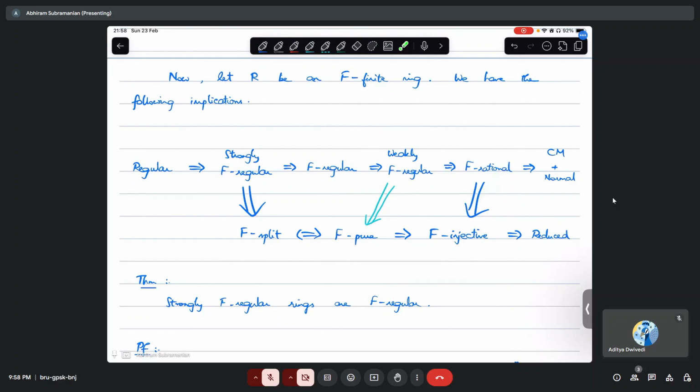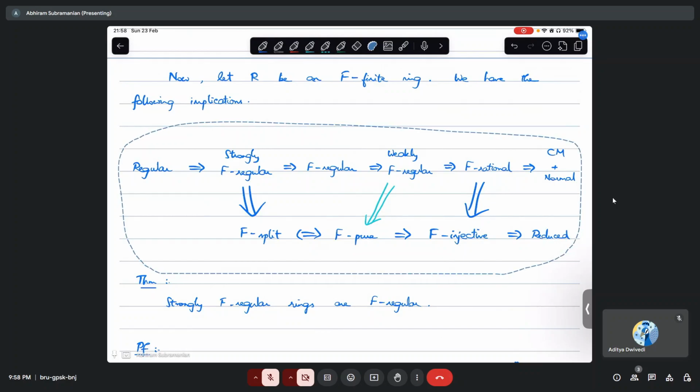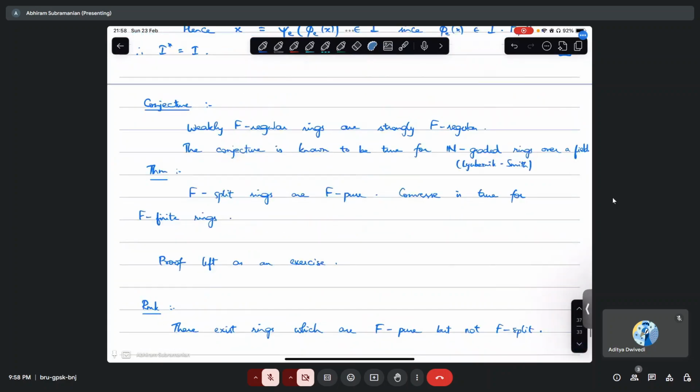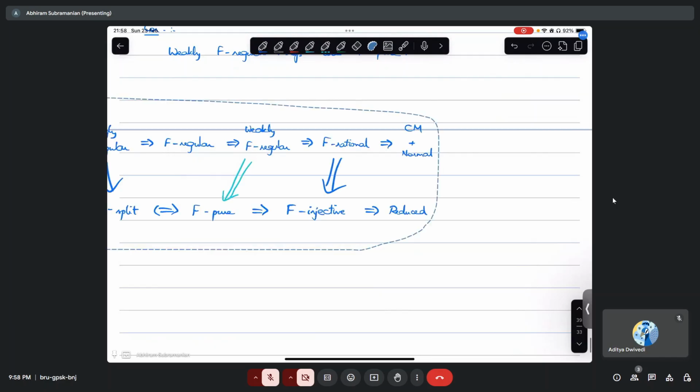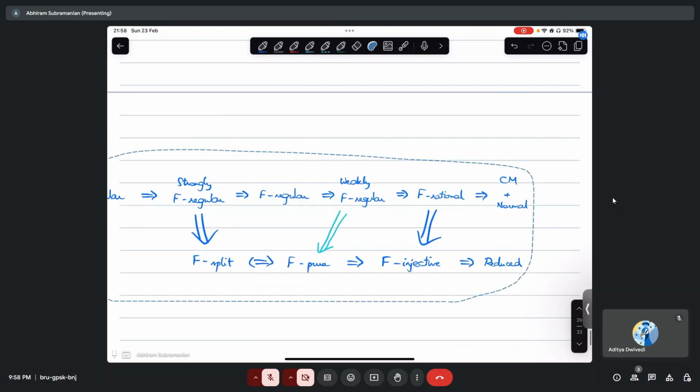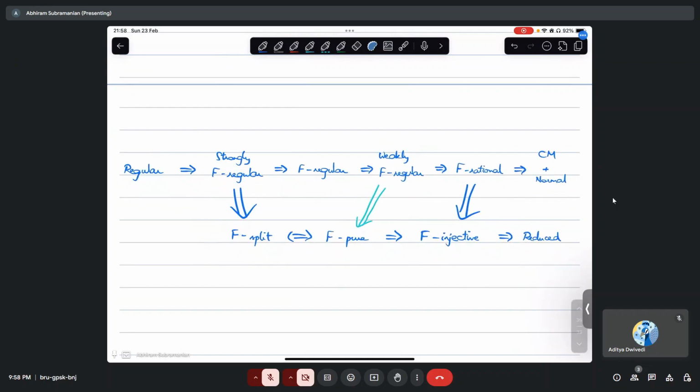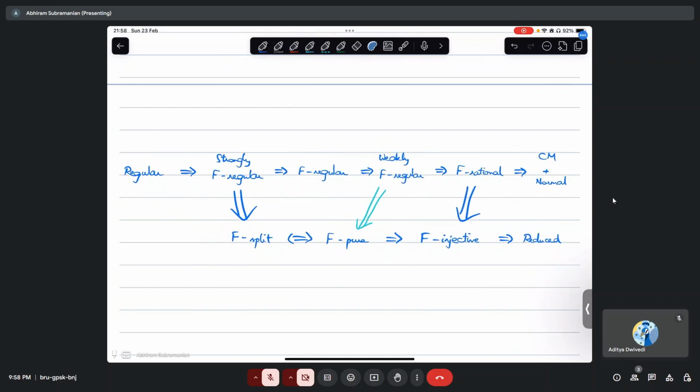But let me copy this diagram. Okay, so this is the diagram that we have.